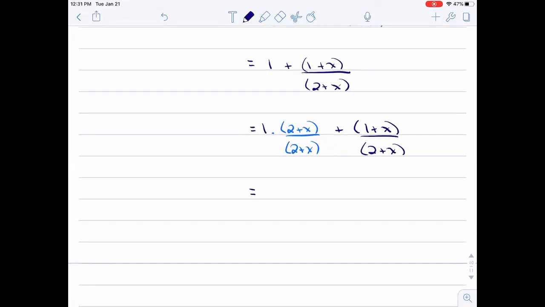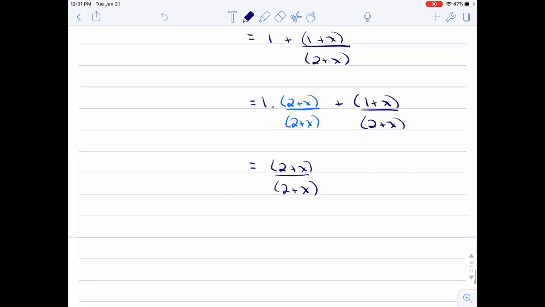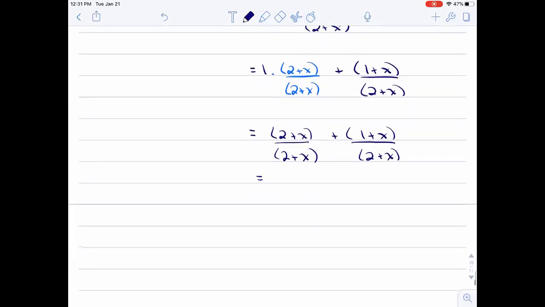Can simplify that left-hand term to be (2 plus x) over (2 plus x). And then plus (1 plus x) over (2 plus x). Now I can combine these. We're so close. 2 plus x is our common denominator, right?